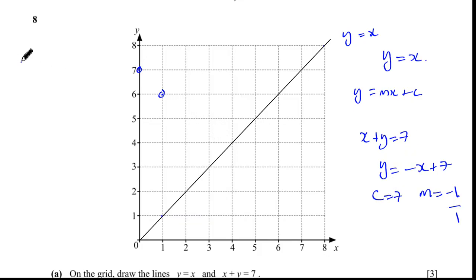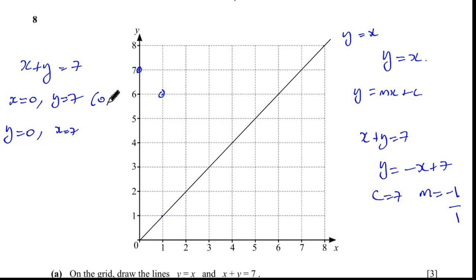But the easiest way of doing this type of question, when it's like this, I like to do it this way. x plus y equals 7. If you have x and y both on the same side, then we can find out what happens when x is 0. When x is 0, it crosses the y-axis, and y is 7. So it goes through this point here. And when y equals 0, it crosses the x-axis, and x equals 7.